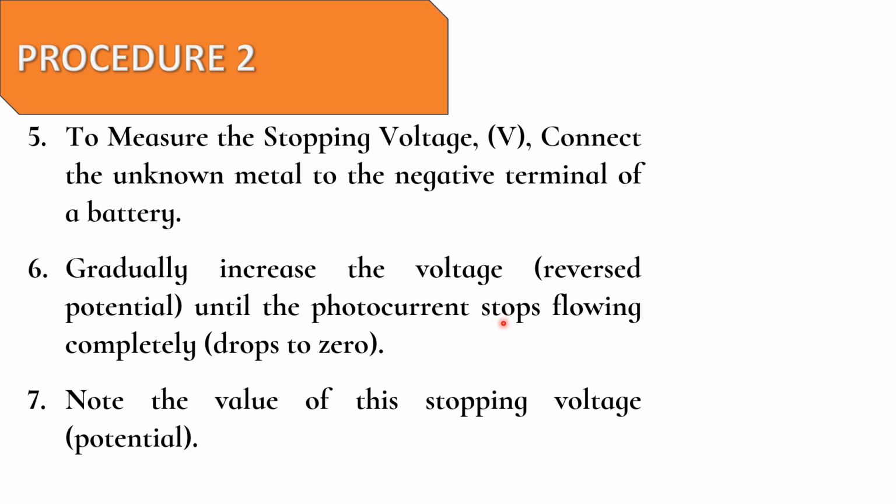As you're adjusting, you will notice that the current on the ammeter in the circuit will keep dropping, and once it gets to 0, you then take the value of the voltage on that battery. Usually it might be a negative voltage. So take the value of that voltage. That is your stopping voltage.